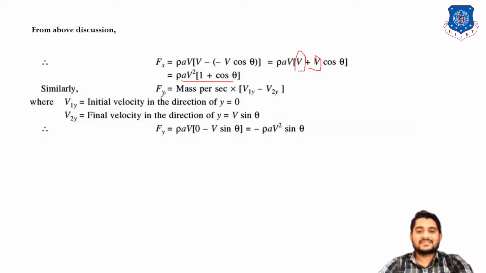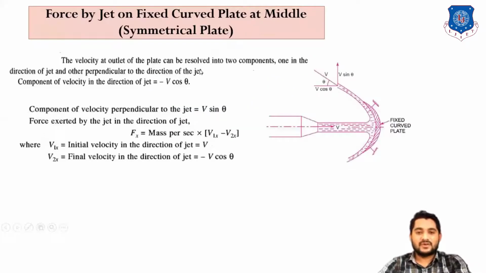For force exerted by jet in y direction, remember students, mass flow rate into change in velocity in that particular direction, that means v1y minus v2y. So from the sketch, let us understand what we mean by v1y and v2y. Before the striking there is no velocity in the y direction, so v1y is 0, and after striking there is velocity v sin theta which is going in upward direction, so we have to take this component as plus.